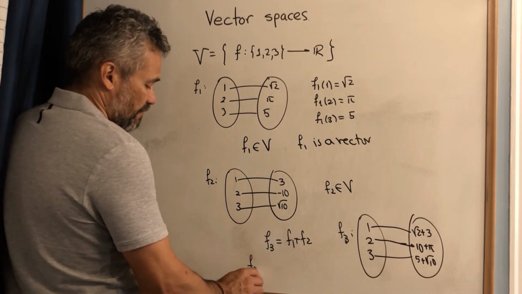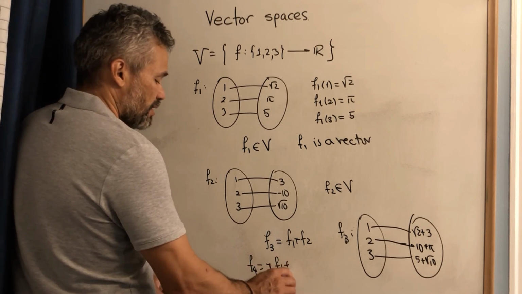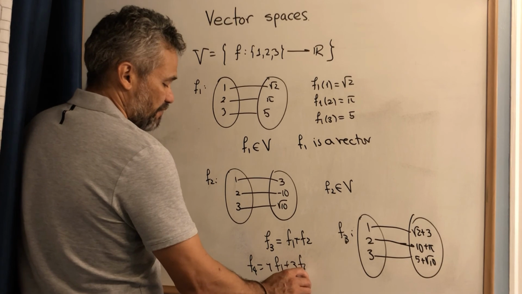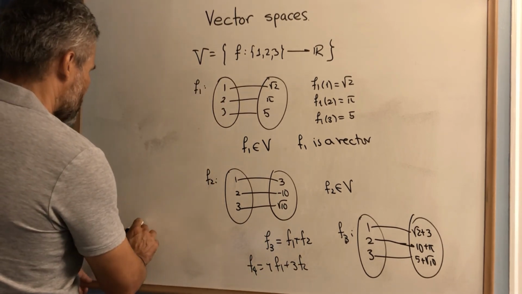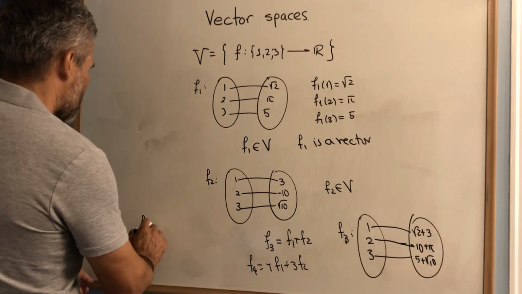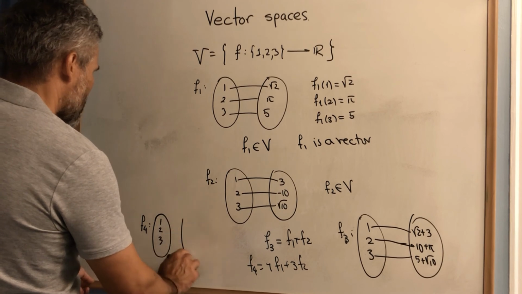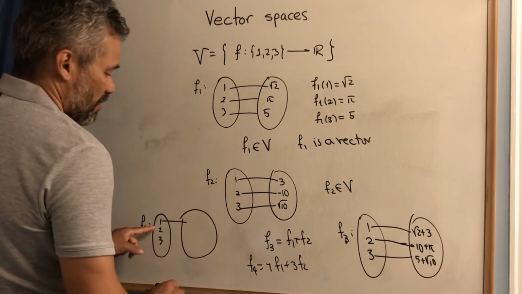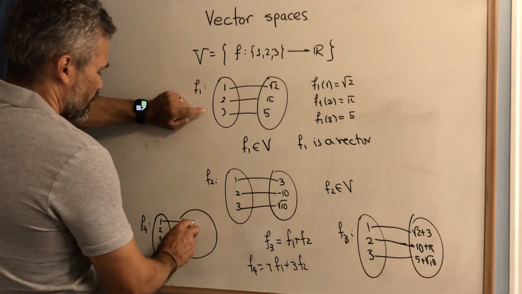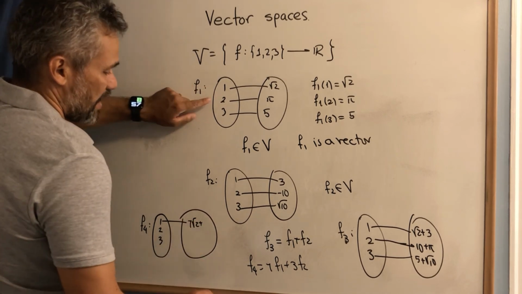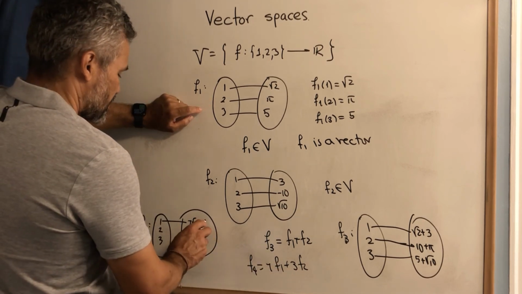What about if we take f4 equal to 7 times f1 plus 3 times f2? Then this is also a vector because it is a function. f4 is given by the function that takes 1, 2, 3 into: 1 goes to 7 times the square root of 2 plus 3 times f of 3, which will be plus 9.